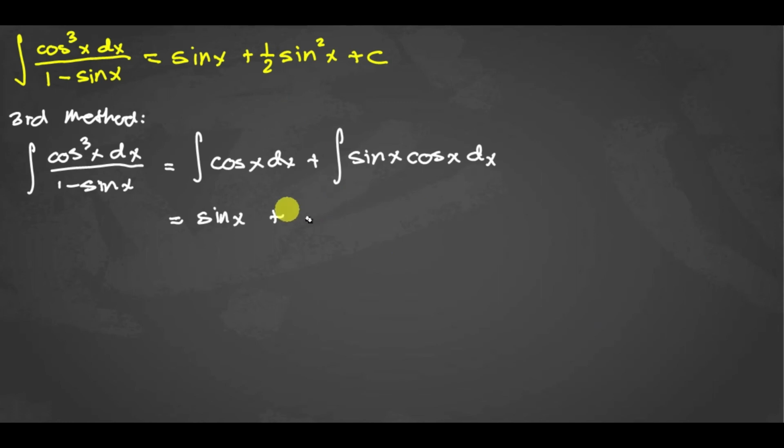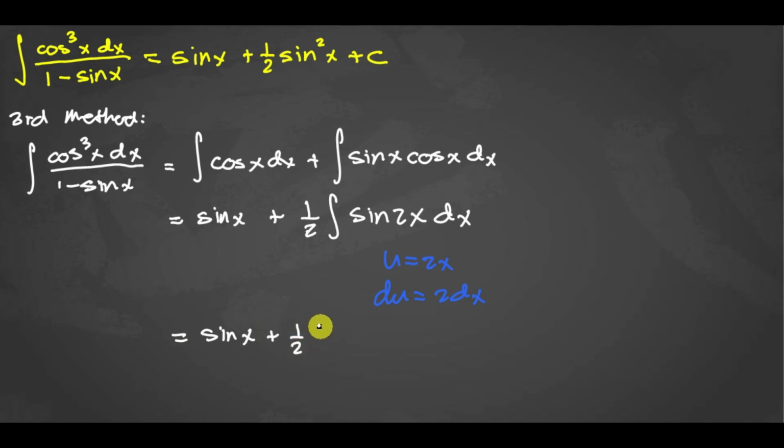So rewriting the equivalent form of this integrand, we have 1/2 integral of sin 2x dx. Now, if we let u be equivalent to 2x, then du is equivalent to 2 dx. Then we could write our integral as 1/2 sin u, where our dx is equivalent to 1/2 du.